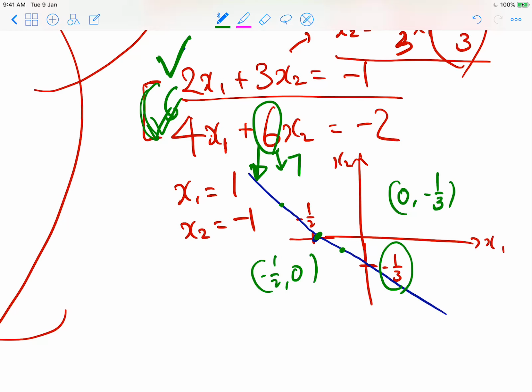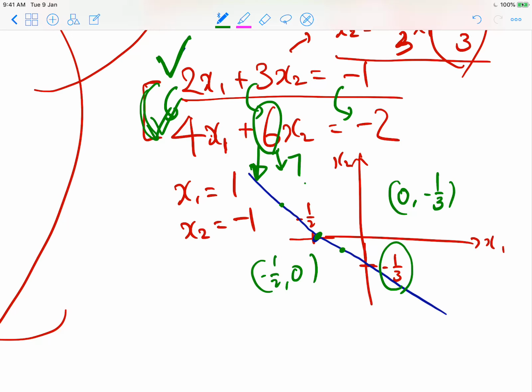If the ratio between each pair of these numbers, 2 to 4, 3 to 6, and -1 to -2, are all the same as each other, then it means those lines are overlapping exactly, right?